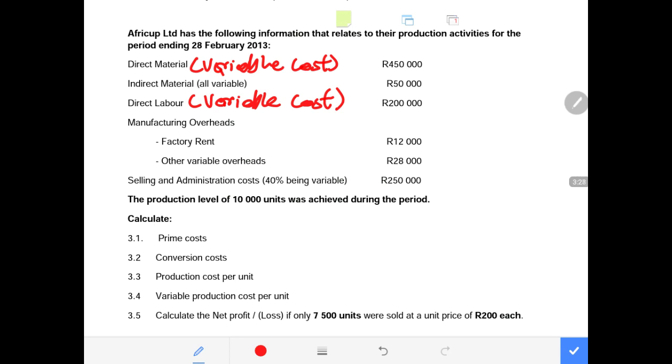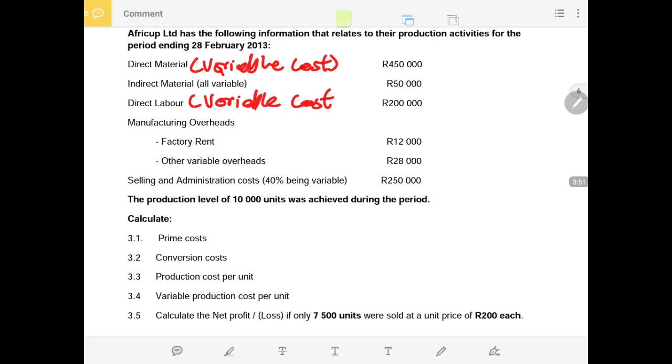Variable costs vary with the level of activity. When the production is decreasing, then variable cost will also decrease. And you can see that all these 3 costs are variable, but this one is direct, this one is direct, and this one is indirect cost.